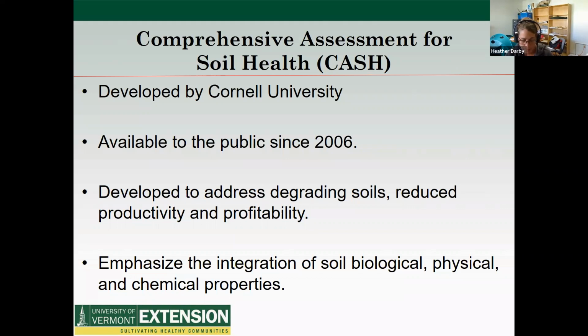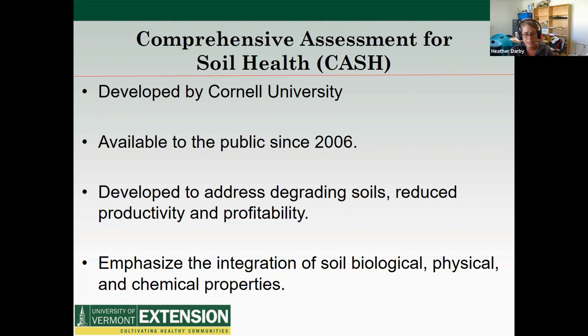And I can remember, when I was getting my PhD at Oregon State, talking about soil quality, if I would give a presentation at a farmer group meeting, they would be like, well, what does that mean exactly? And I would always say, well, you know when a soil is healthy, you know what it looks like and smells like and feels like, and you know the kind of crops it grows.